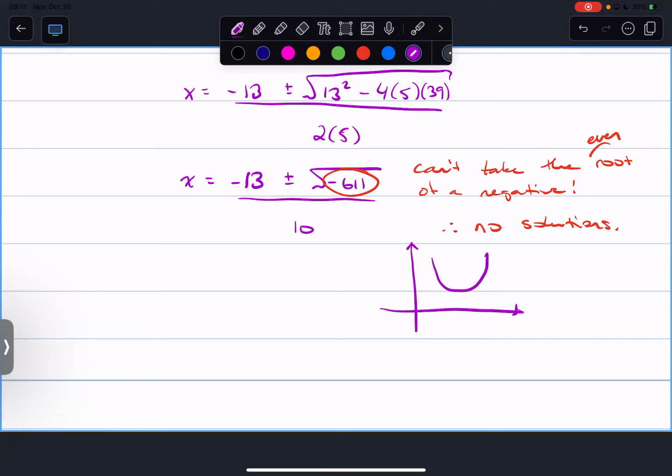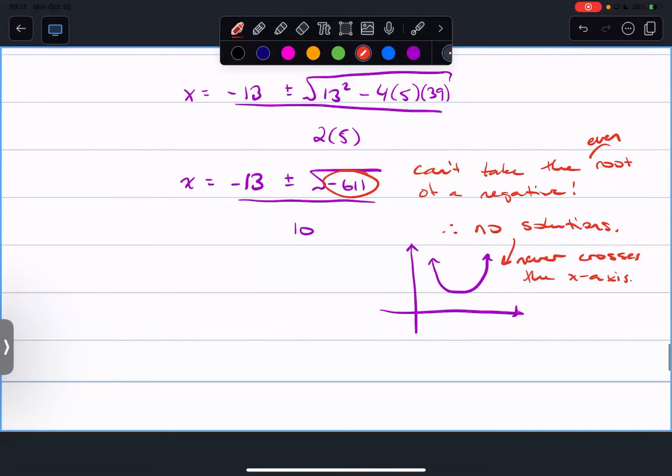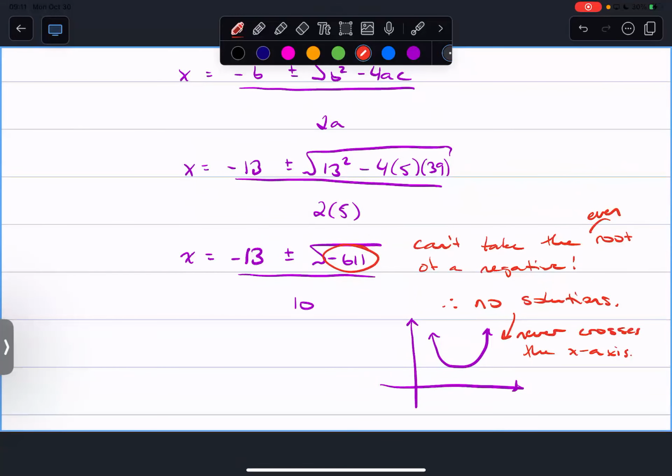It never crosses the x-axis, and that's all it's telling us. When there are no solutions, that's totally fine. It would just potentially look something like this, right? Never crosses the x-axis. That's allowed. What does that mean for our polynomial? Our little polynomial.